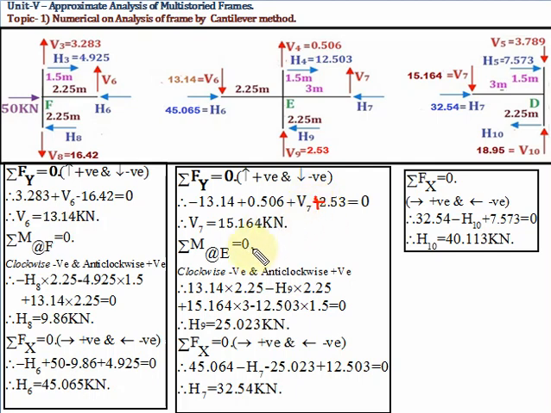Sorry, this V9 force, by mistake I have shown in upward direction, but it is in downward direction. So minus 2.53 is correct. After simplifying this equation, the value of V7 is 15.164. Here you make the correction that this force is acting down.